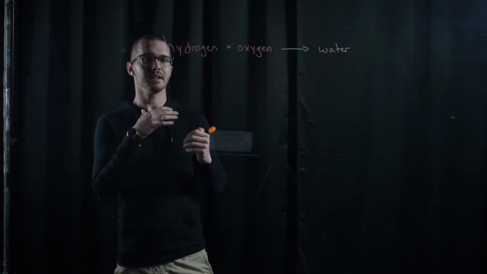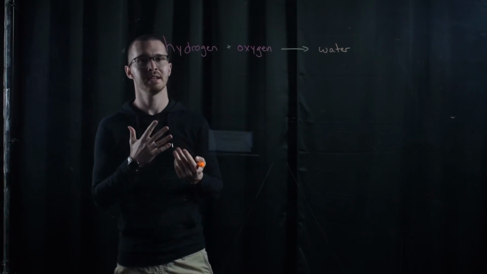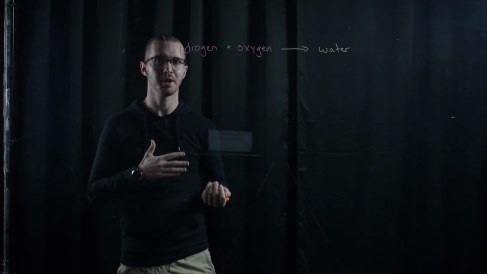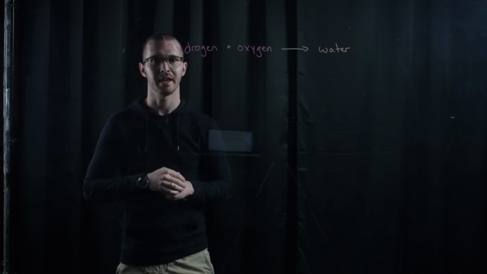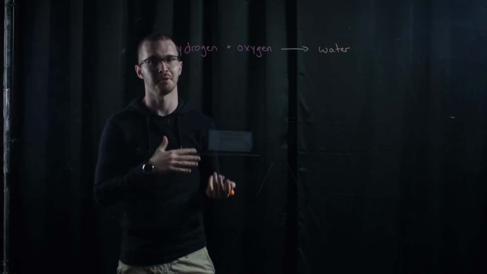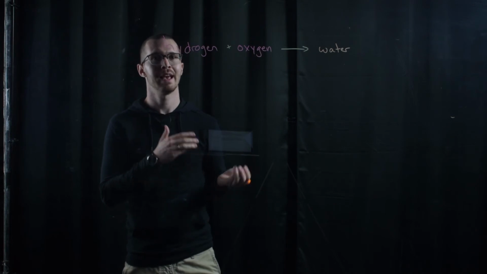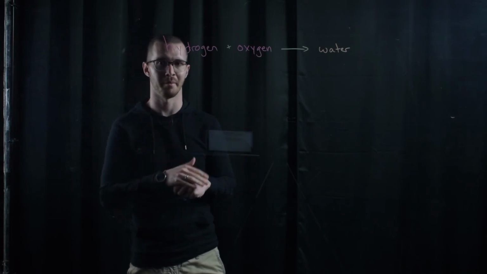So this is, again, just an example of a word equation, but we want to be able to write a formula equation. So a formula equation uses the chemical formula of the reactants and the products in a chemical equation to represent a chemical reaction. Now remember, oxygen and hydrogen gases both exist as diatomic molecules.